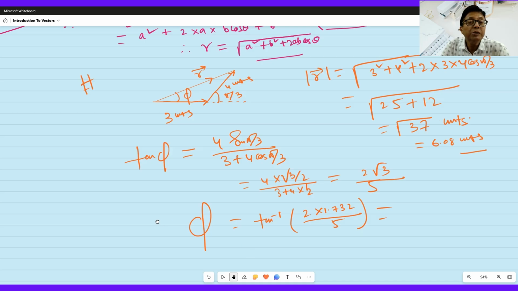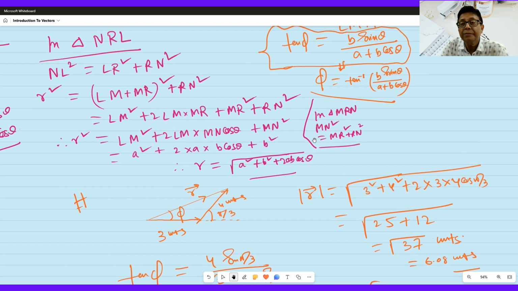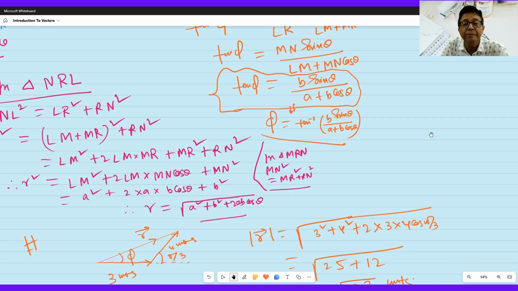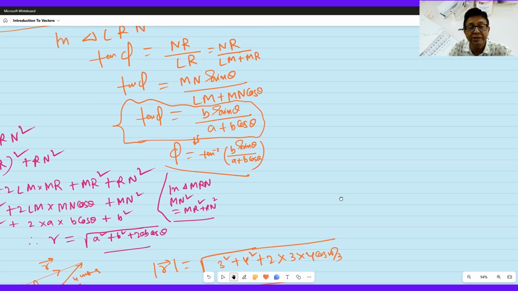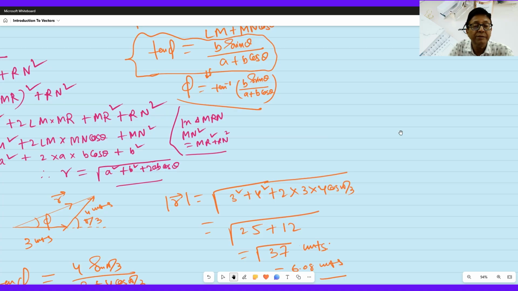Now, to apply this in solving problems, you have to know two more important facts: what is the maximum value and minimum value of this resultant. How you get that? Maximum and minimum value of resultant. Resultant you got by this formula. What is the maximum value?